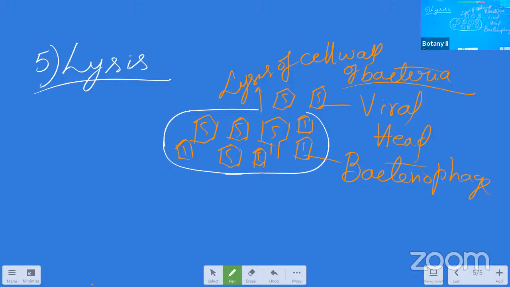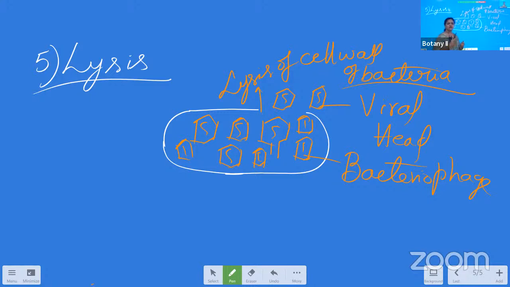Okay. So with this, we have finished the 2 chapters' SAQs. That means 1 SAQ and 1 VSAQ. Which type of VSAQs will we get? That is, what is the genetic material of the bacteriophage and what is the shape of the bacteriophage. Shape of the bacteriophage is the tadpole. Genetic material is double-stranded DNA. What is the shape and the genetic material of the TMV?